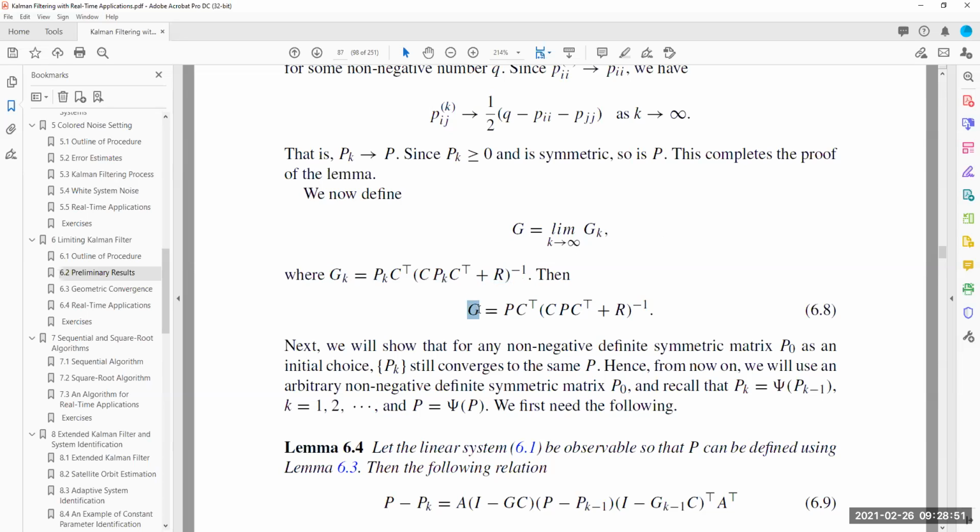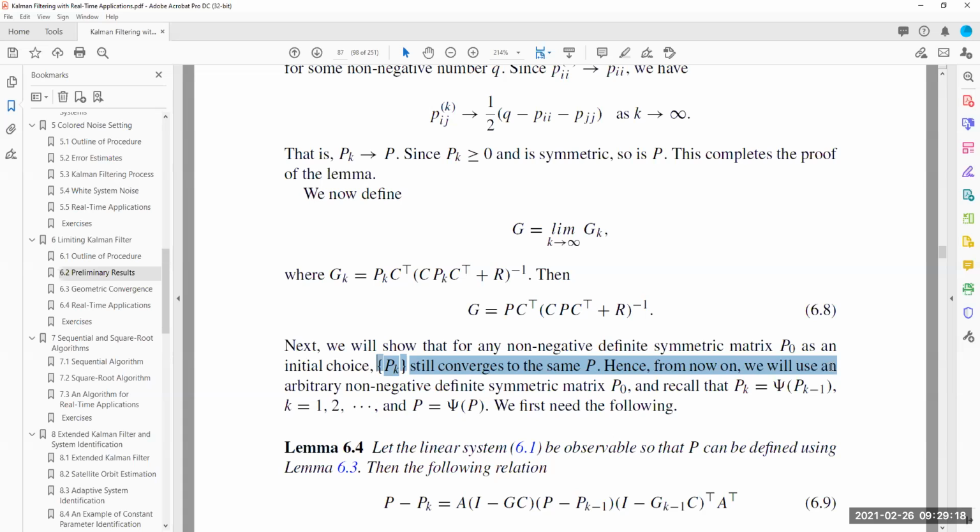So the limit of G will also exist. Okay. So in the first part, we assume the P0 is 0. But next, we want to show for any non-negative definite symmetric matrix P0 as an initial condition, PK still converges to the same P.